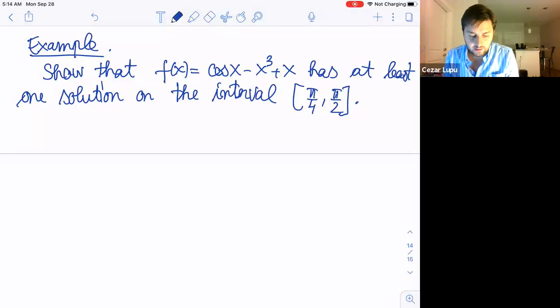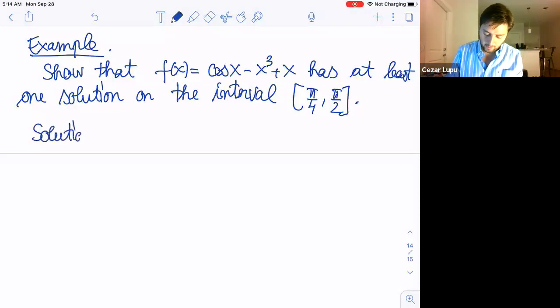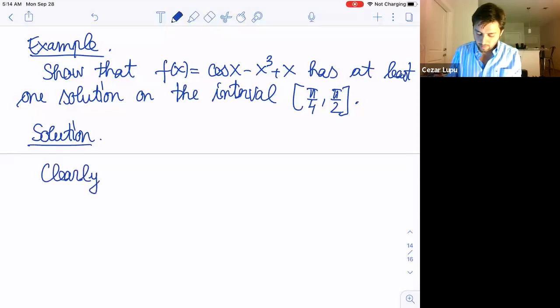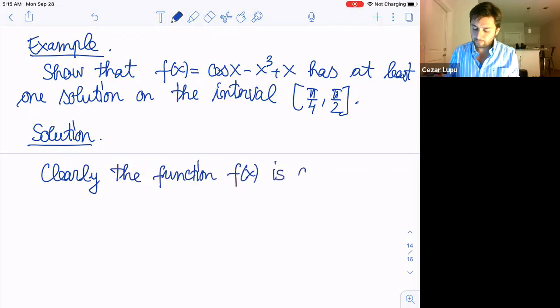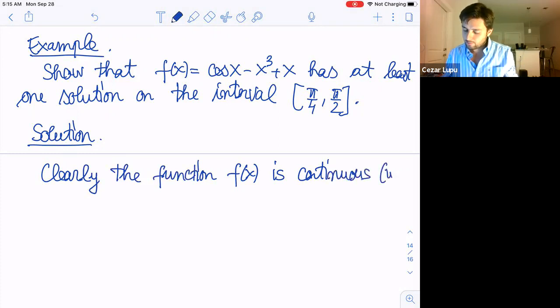The function clearly is continuous, right? Because we have operations with continuous functions. In fact, I'm going to leave this to you. Clearly, the function f is continuous, and I'll leave it to you to figure out why.